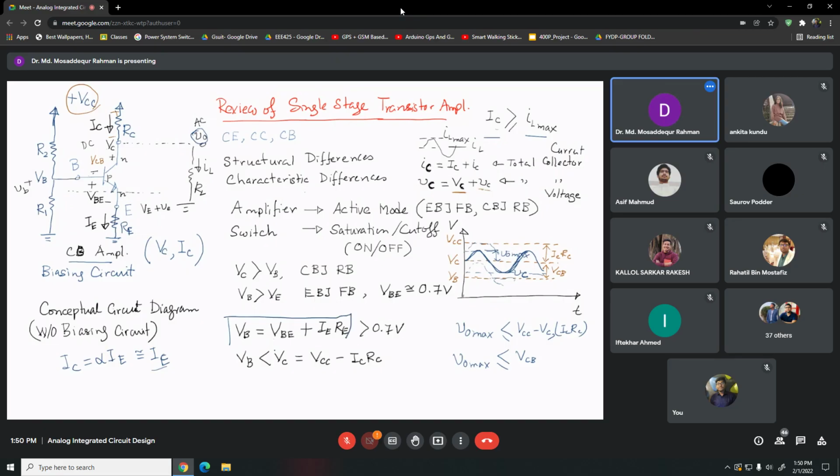If we rearrange the terms, IE should be VB minus VBE, divided by RE. From this expression, you can fix the value. You vary RE, you vary IE. Very simple. So first you need to also fix VB for that.